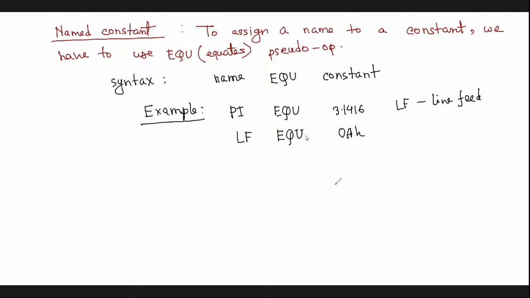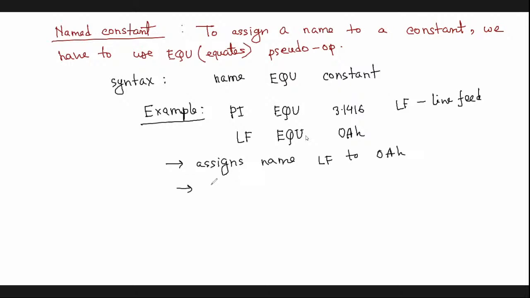So what does this statement LF EQU 0Ah actually do? It assigns the name LF to 0A hex.